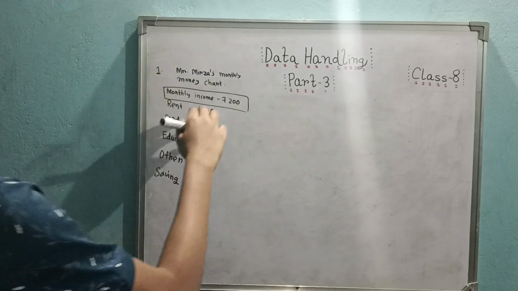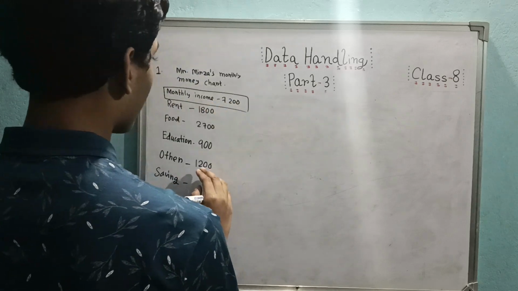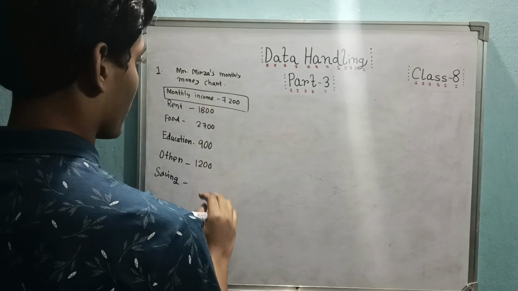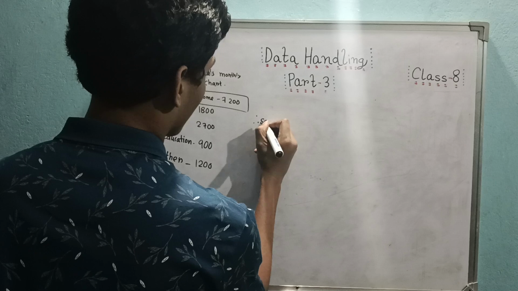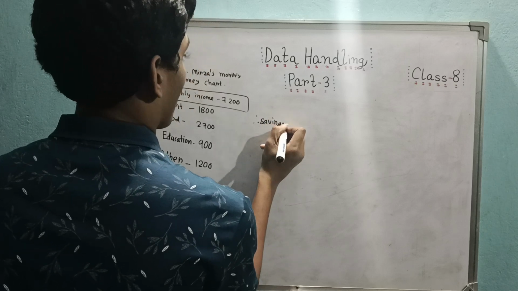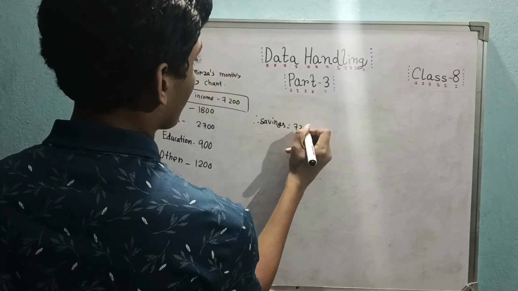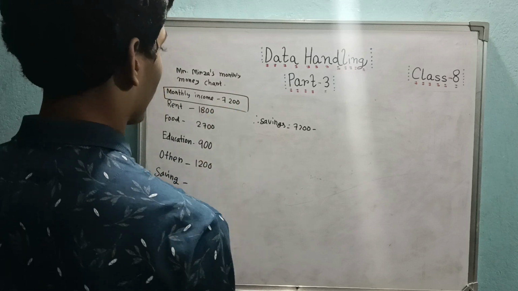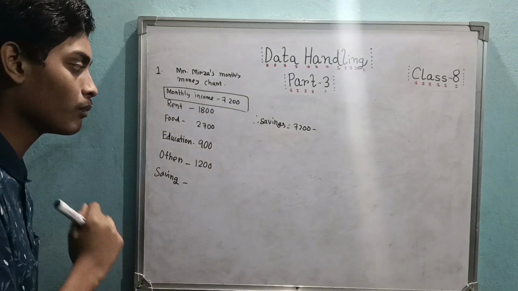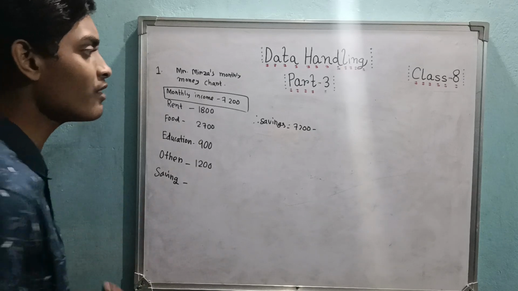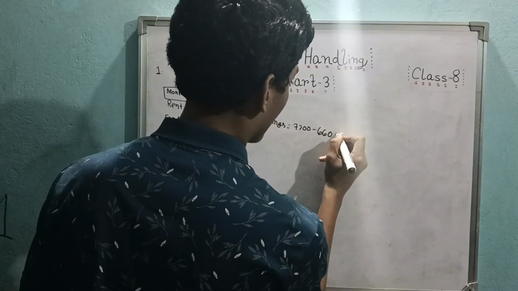Okay, so now see one thing. From this monthly income, these amounts are spent by him. So how much is this total? 1,800 plus savings equal to 7,200 minus the total of these four values. 1,800 plus 2,700, 4,500, plus 900, 5,400, plus 1,200, 6,600. Nice savings.